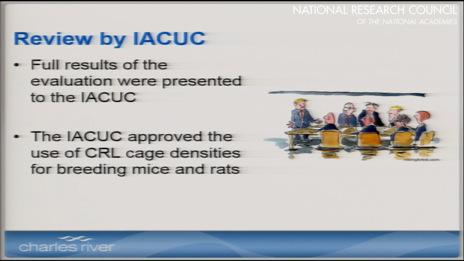It took us over 6 months to collect the data and over another 6 months for someone to sit down and look at hours and hours and hours of videography of mice and rats. It was not a simple study, but I think more thorough than we probably realized when we set out to perform it. But in our minds, we were very comfortable with continuing our current housing density.